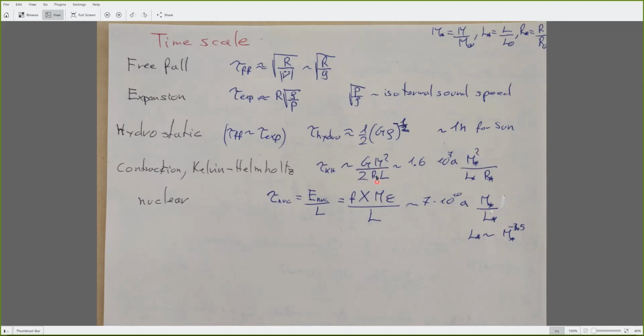These two are quite important because essentially the first one is the time that the star can have a certain luminosity just by contracting. We'll see this is the case when we are forming stars, when the star in the last phases is contracting to start the nuclear reaction.